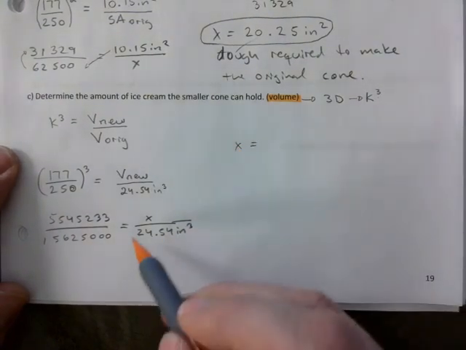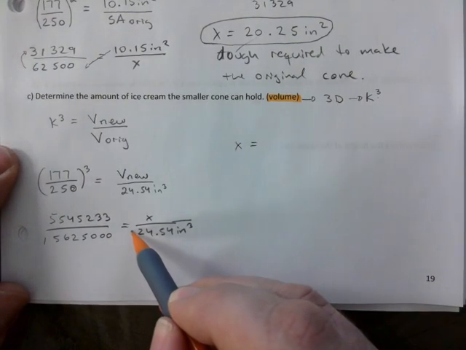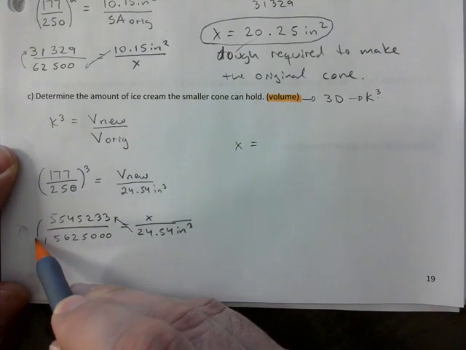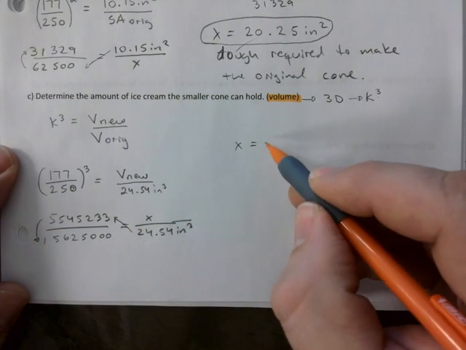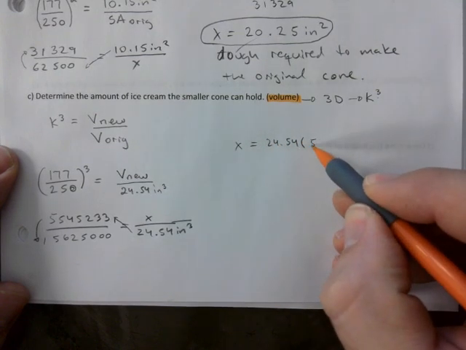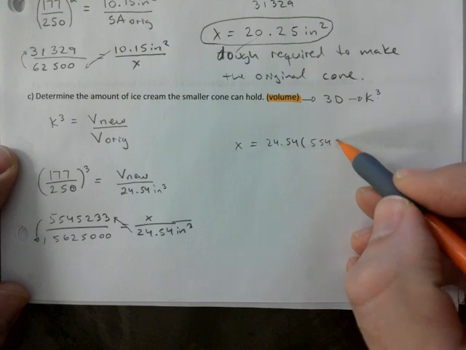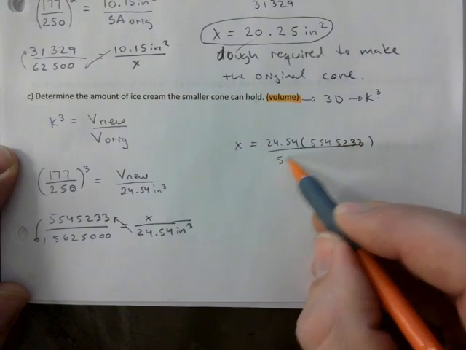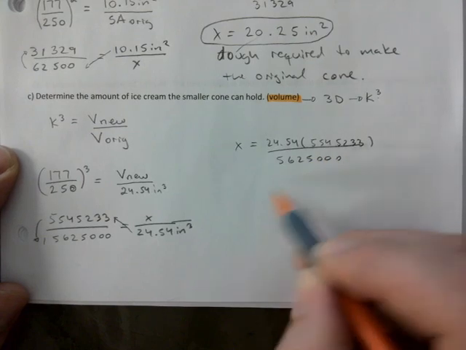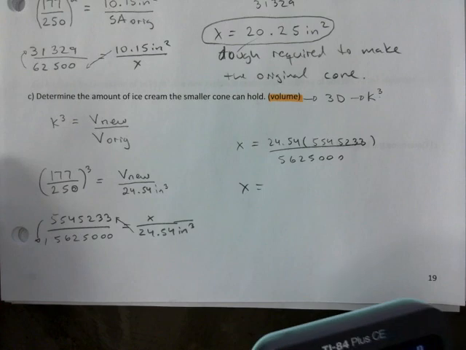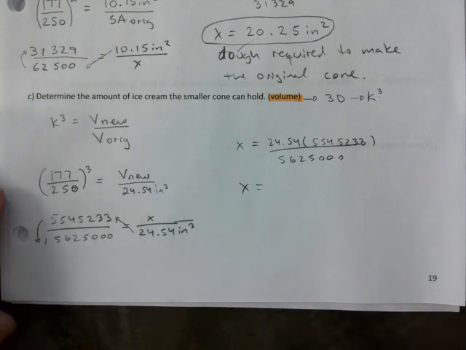X is equal to, you cross multiply this way, watch, right? You're going to go up multiplying, and then you divide going down. So it's 24.54 times, and I'll just give you the answer.